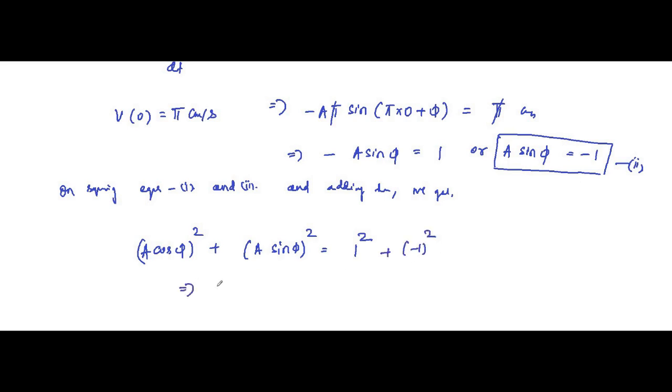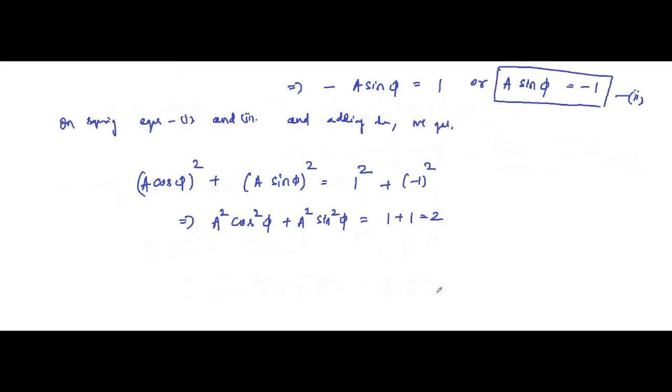That implies A square cos square phi plus A square sin square phi is equal to 1 plus 1, which is equal to 2. Here A square will be common: A square times cos square phi plus sin square phi is equal to 2.